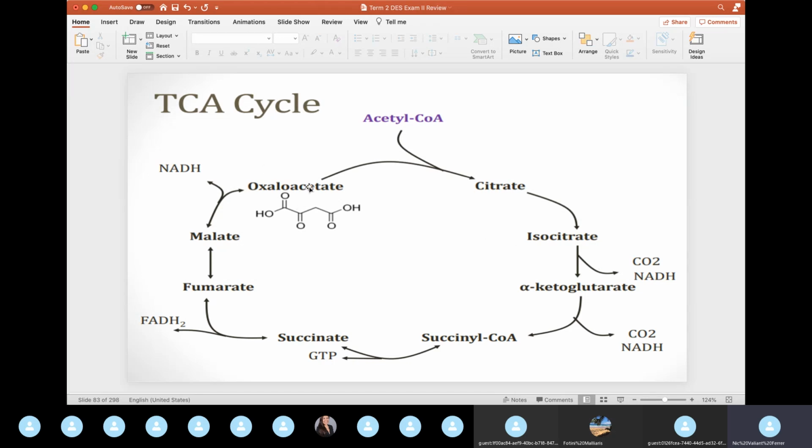That's the end point. If we join acetyl-CoA and oxaloacetate, we make citrate. That's the beginning point. And we have intermediate substrates here. I want to highlight alpha-ketoglutarate, succinyl-CoA, and fumarate.